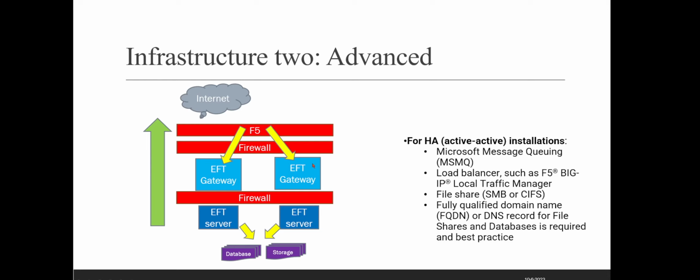So between the AFT gateway and the AFT server, you only need to open a very small amount of ports, because you are opening it between the F5 and the AFT gateway server. So this is more secure.